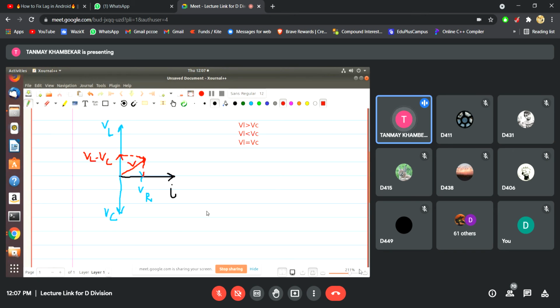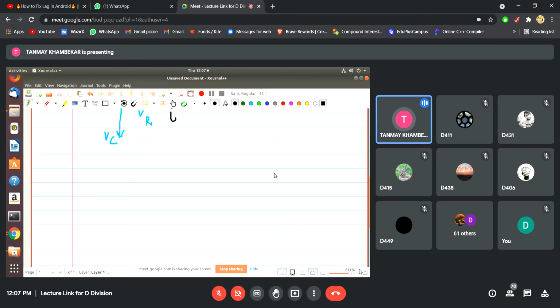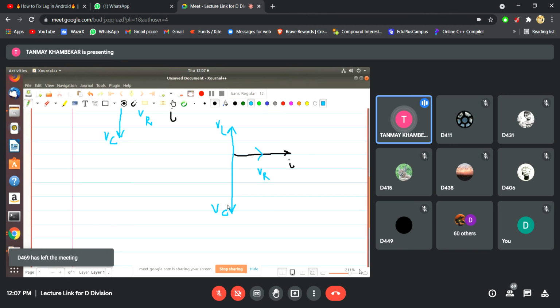Now we will see the second condition, in which VL is smaller than VC. This is current I. This is VR, VL and VC. Now the resultant of VL and VC will be on the VC side.